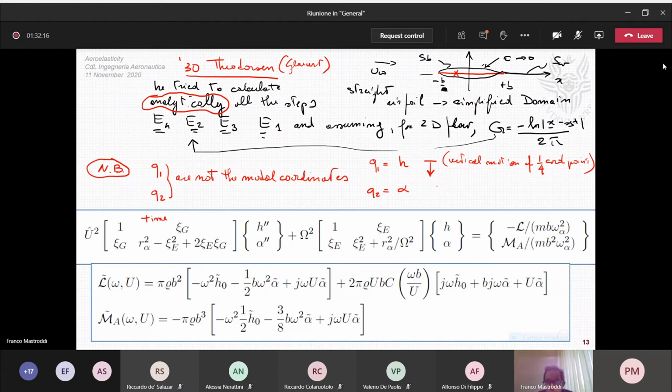And if you develop the theory assuming these two modal coordinates, you may evaluate E4, E2, E3, E1, and the final matrix. And this is the result, guys.